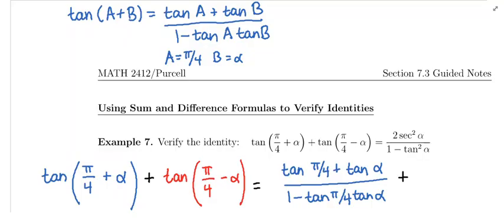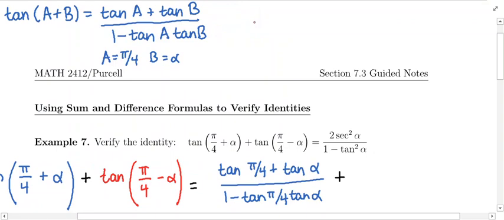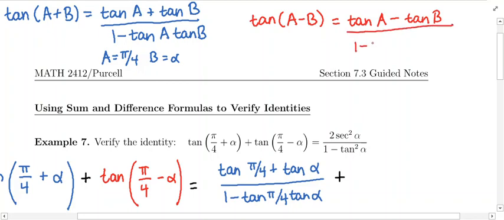Again, up here, I'm going to write my formula. Now I will be applying tangent of a minus b. That is equal to the tangent of a minus the tangent of b over 1 plus the tangent of a times the tangent of b.